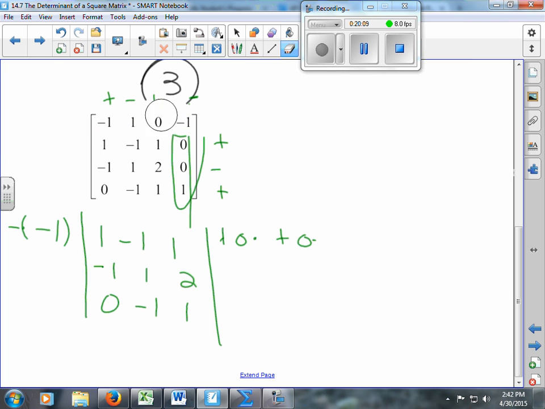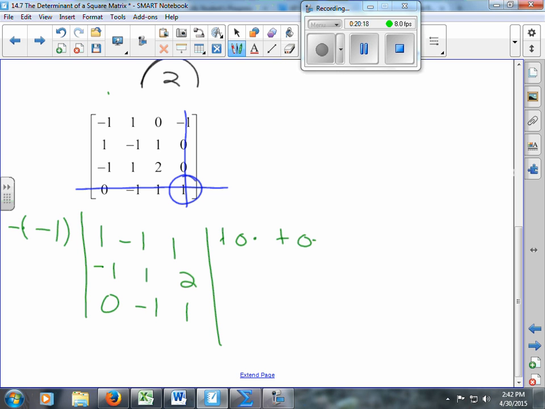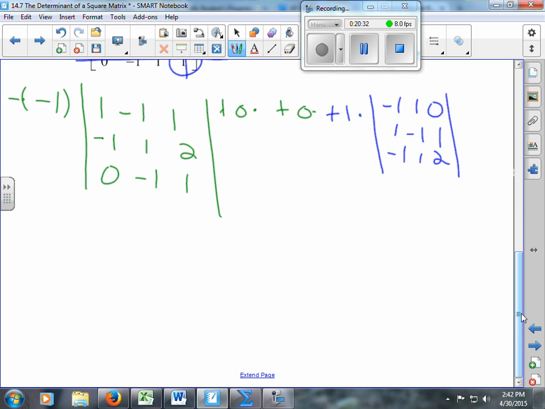So for this one, in this final entry, it's in the plus spot. So this is positive 1 times the determinant: negative 1, 1, 0, 1, negative 1, 1, negative 1, 1, 2. All right. Now, we just have two 3 by 3s to figure out.